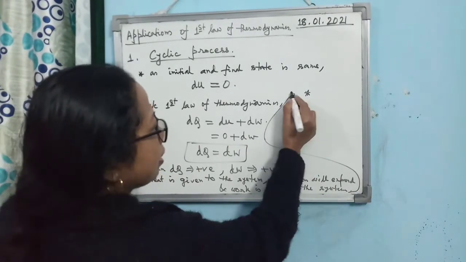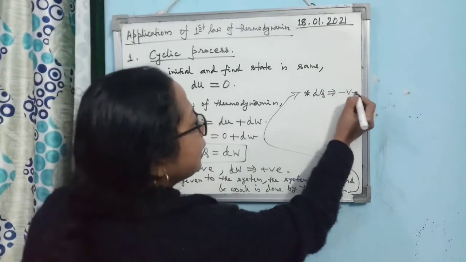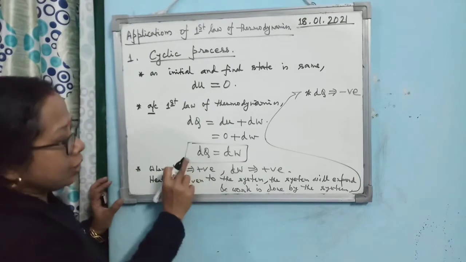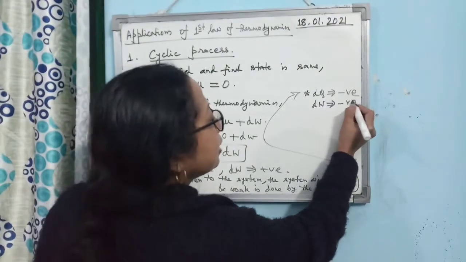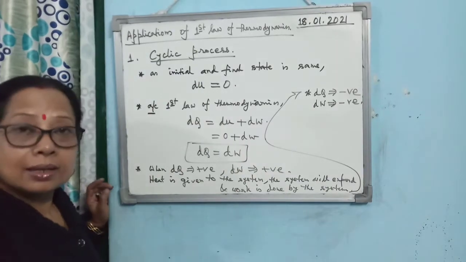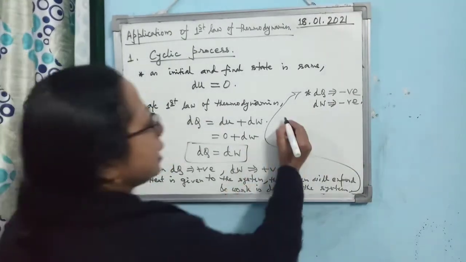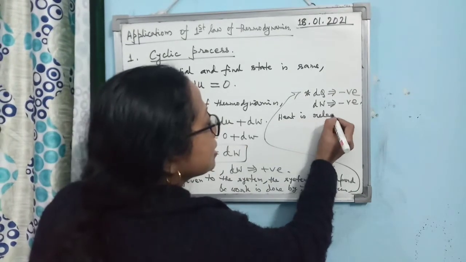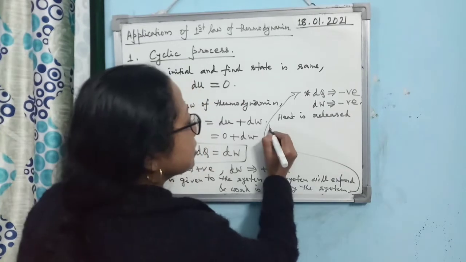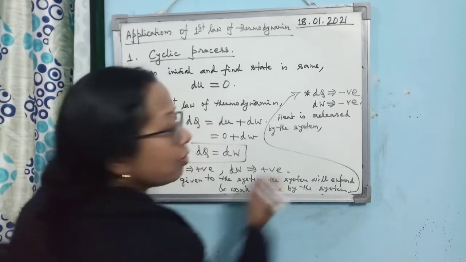After this, if you consider that dQ is negative, according to this relation, what will happen? dW is negative. This is the mathematical one. What is the physical meaning? The physical meaning is that heat is released by the system, that is why dQ is negative.